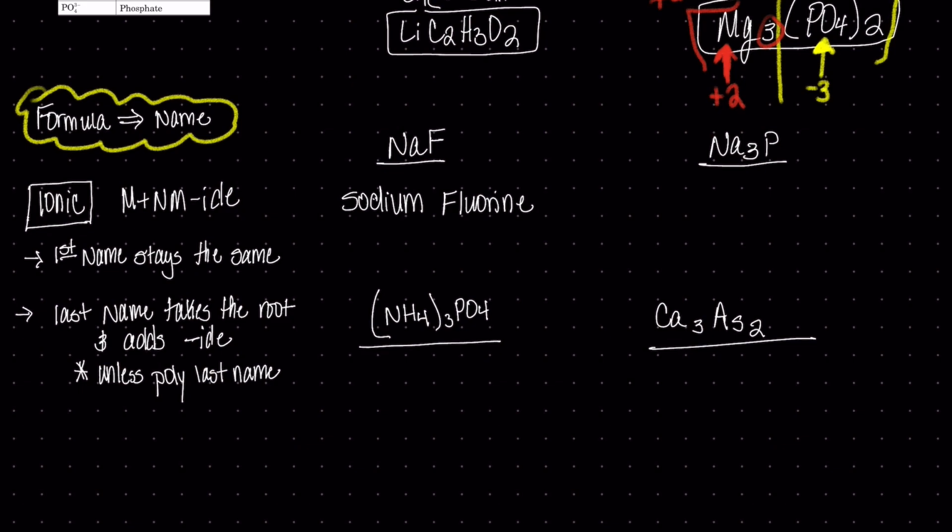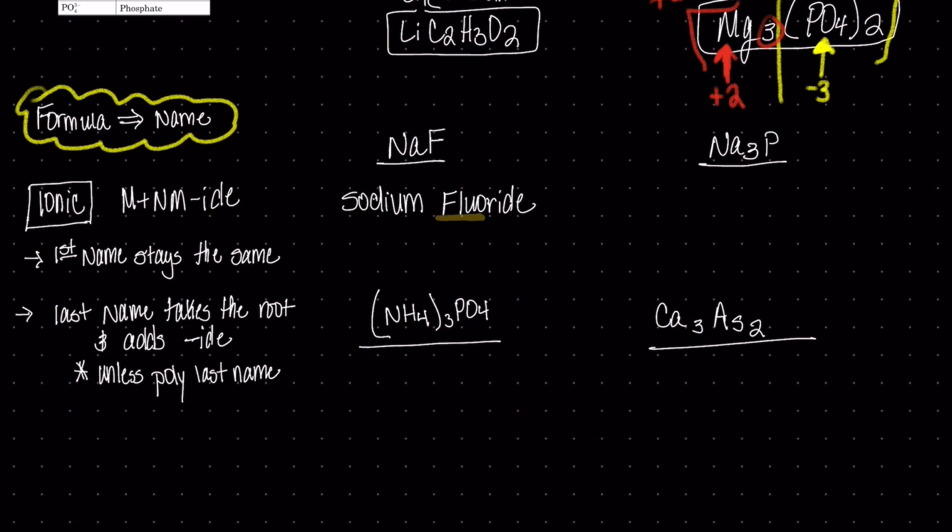But I keep the root, so I keep fluoro. And then I change the ending to fluoride. Now it's sodium fluoride. Now, you've seen how it's done, so give it a pause and try it on your own. And let's see how we did.